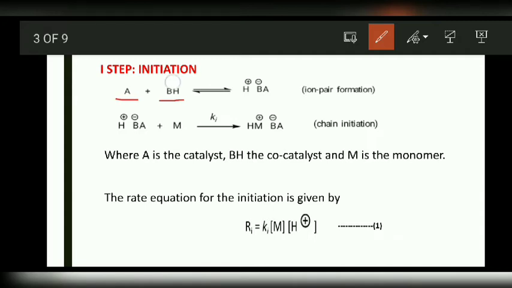So, this co-catalyst donates a pair of electrons to the catalyst, that is the Lewis acid, and forms an ion pair. This ion pair acts as the source for positive ion, right? Then this ion pair reacts with the monomer.